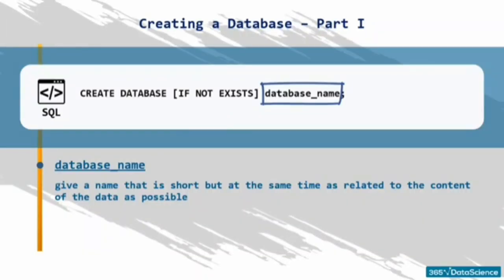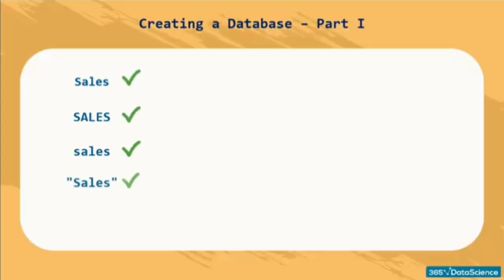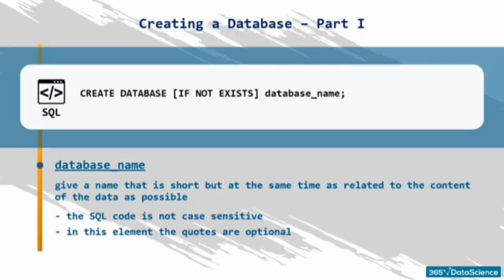For this reason, we will call the database sales. Whether you use uppercase or lowercase letters only, or both, it's the same for SQL. The SQL code is not case-sensitive, neither when assigning names of objects nor when writing queries. Otherwise, in this element, the quotes are optional. You could either say sales within quotes or without using any quotes. It makes no difference.